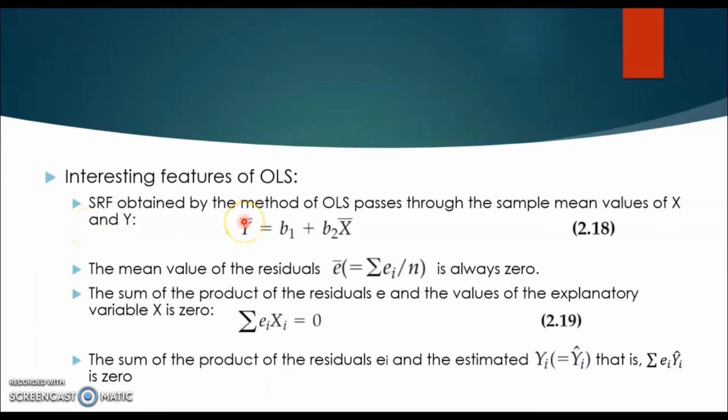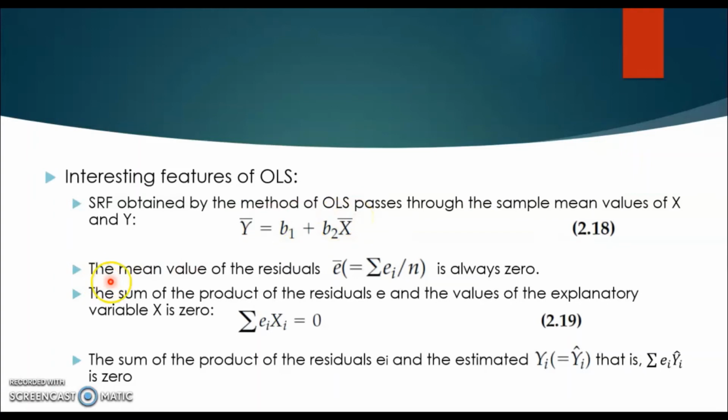So the mean value of the dependent variable retrieved from the sample is equal to b1 plus b2 x bar. X bar here, as I said before, represents the mean value of x from the sample.